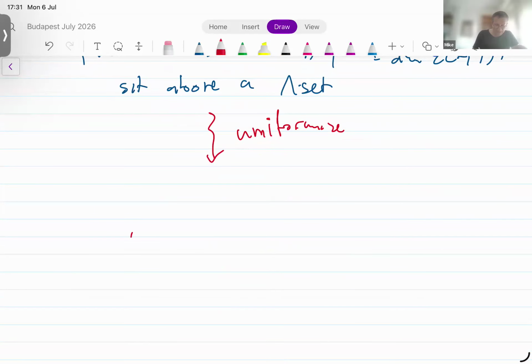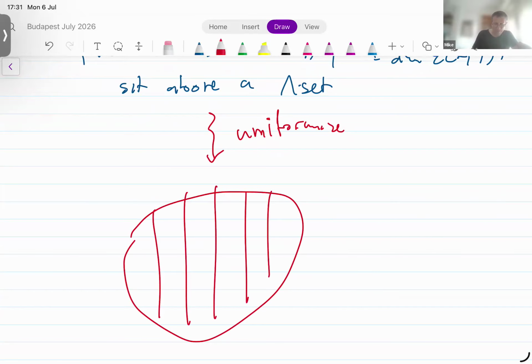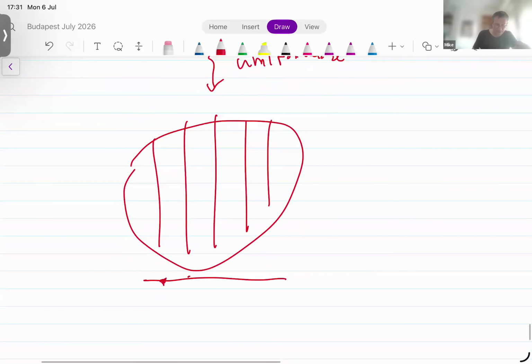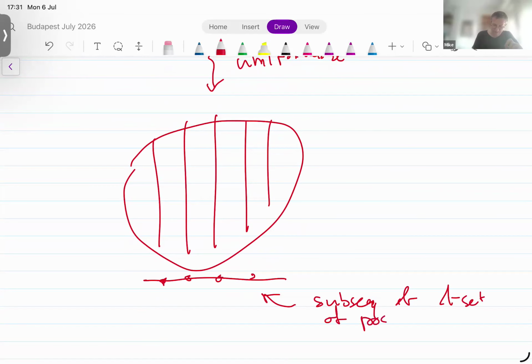But what you conclude from that is that the vertical strips that all look the same don't sit above a lambda set. They sit above a subsequence of a lambda set, which has positive density in the lambda set.